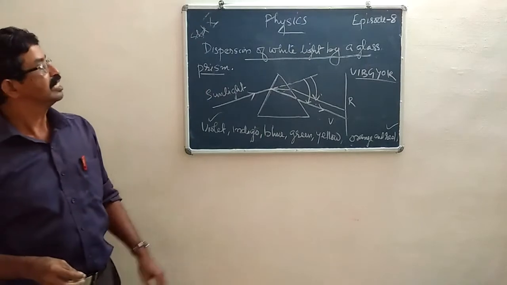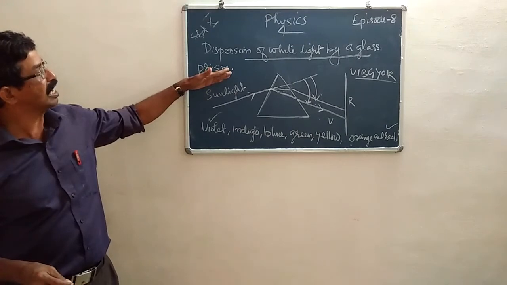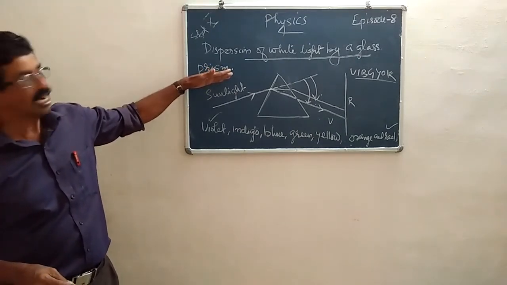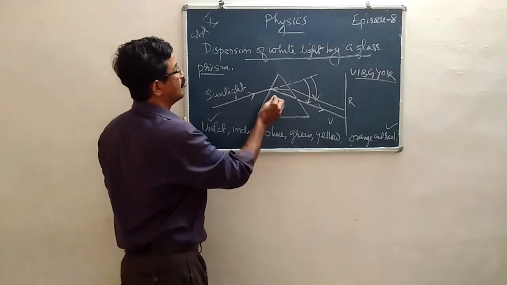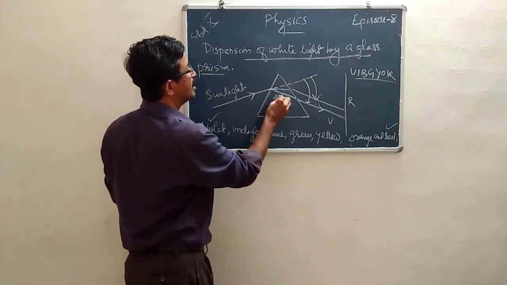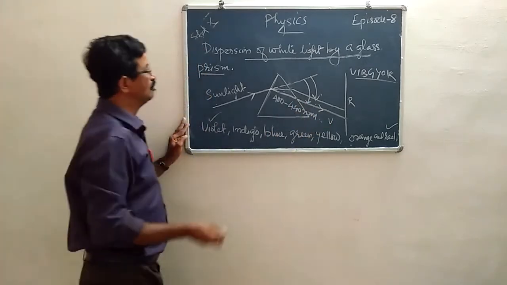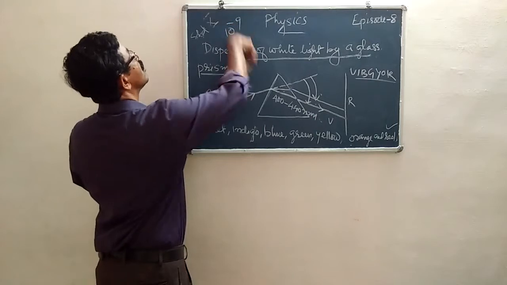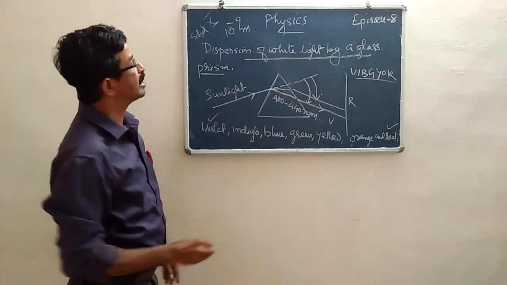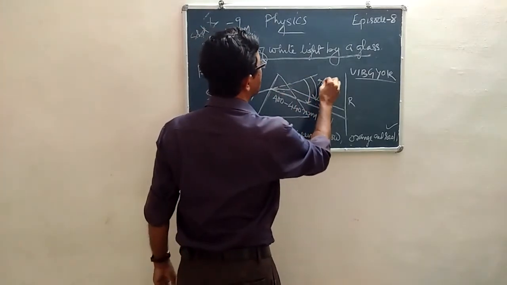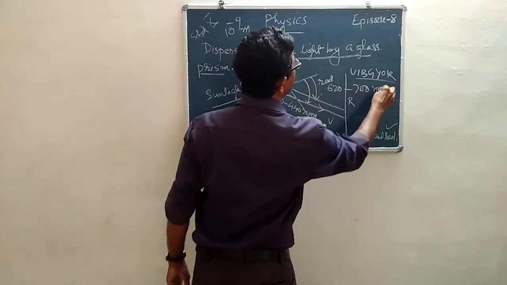Why does this happen in this way? Because we know sunlight is composed of different colors, that means it is a composite light. Now when you observe the wavelength of violet, it is from 400 to 440 nanometer. We know 1 nanometer is 10 to the power minus 9 meter. And red's wavelength ranges from 620 to 700 nm.